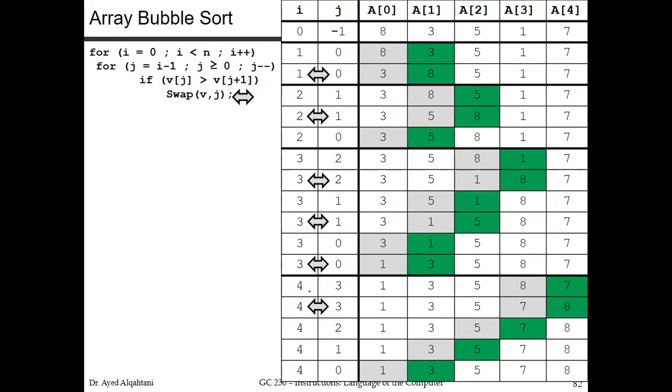Now, what happens to j? Since I is equal to 1, j is going to be I minus 1, which is 1 minus 1, which is going to be 0. So notice now that j, which is 0, is larger than or equal to 0. It's equal now. So this condition is satisfied. You will go down to the if statement.